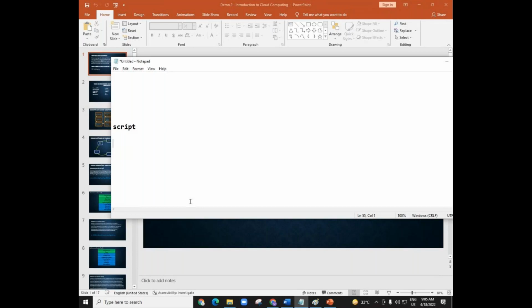For example, suppose you want to send a message to 500 people over the server. When you send a message to 500 people, it will take a lot of time. But you know what we can do? We can make a script, and within less time we can send the message to all these 500 people in a simple and easy way.